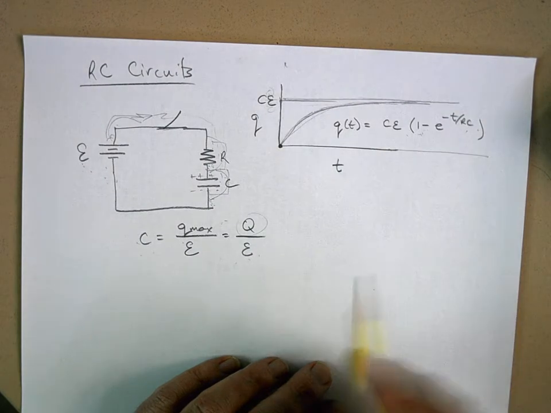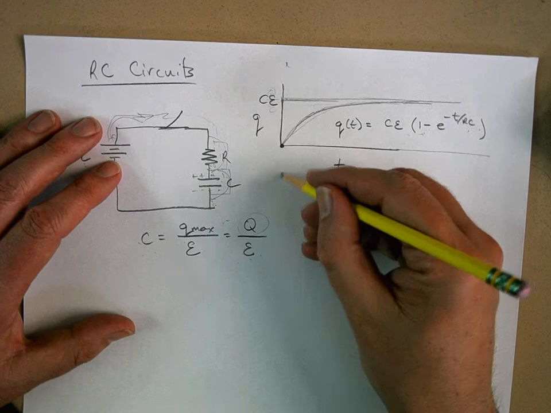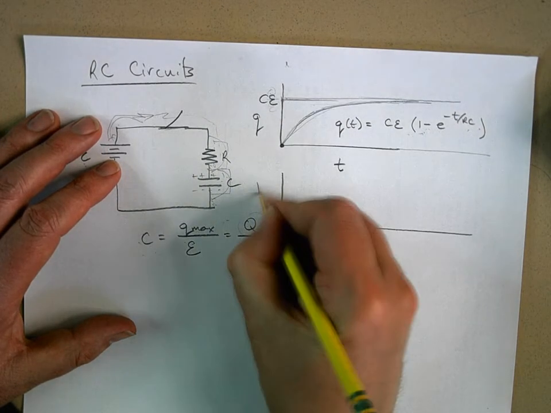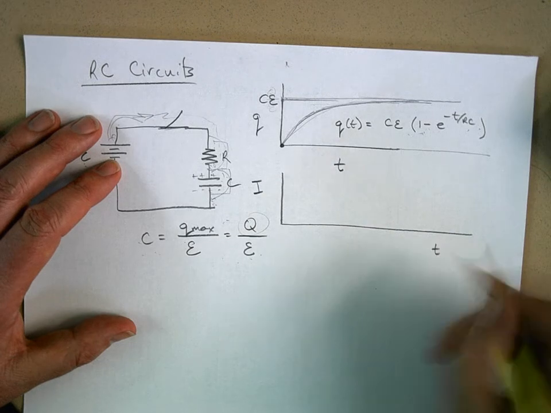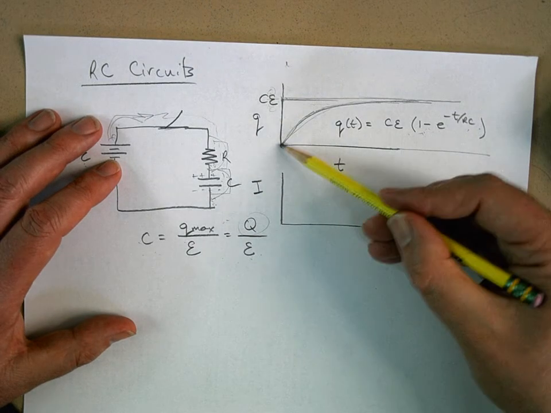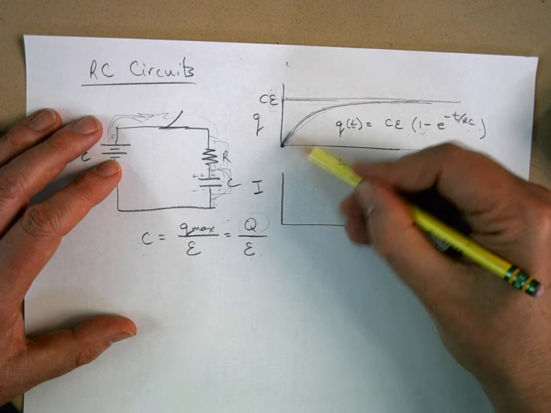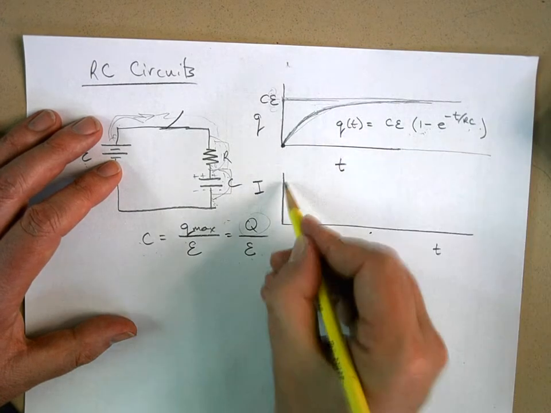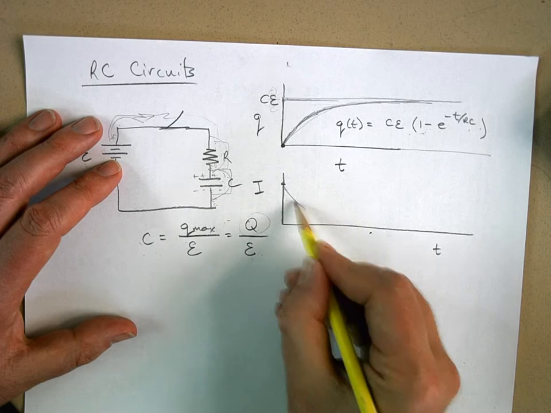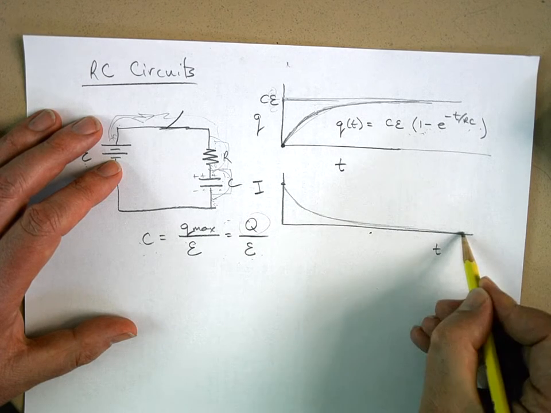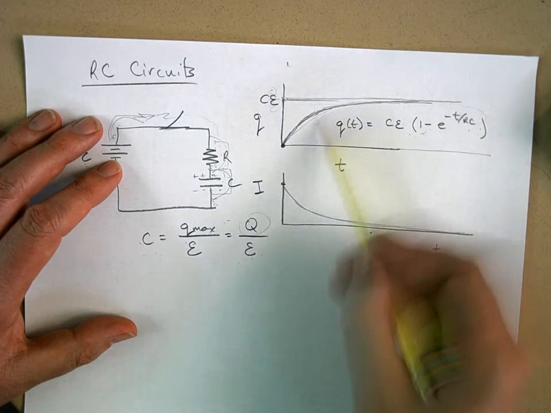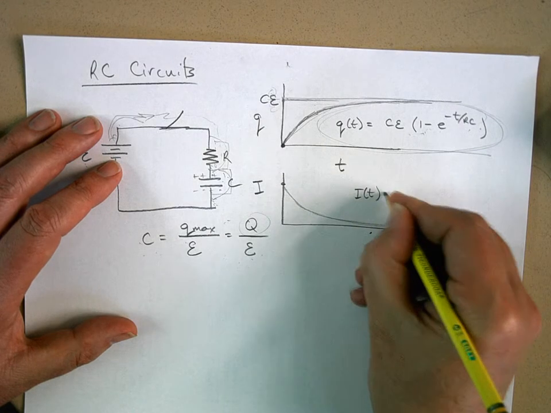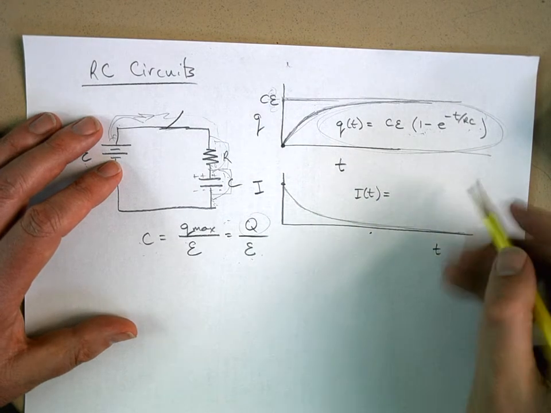Now what about the current as a function of time? Well, current is dq dt. It's the slope of this. Maximum, and then the slope slowly approaches 0. Well, you could just take the derivative of this expression. Or you could just say that I is equal, well, what is the maximum current?